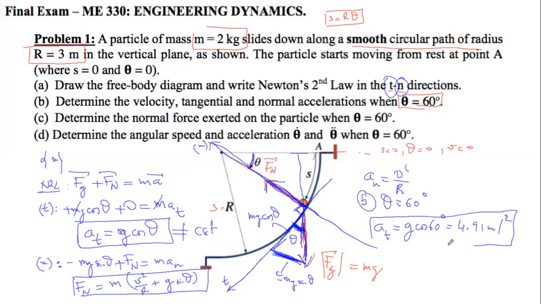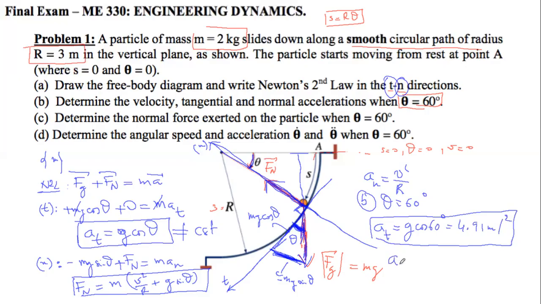Okay, this is a tangential acceleration. It's not a constant. Instantaneously, this is a tangential acceleration. For any theta, I have a new tangential acceleration. Good. So this is a tangential acceleration at 60 degrees.